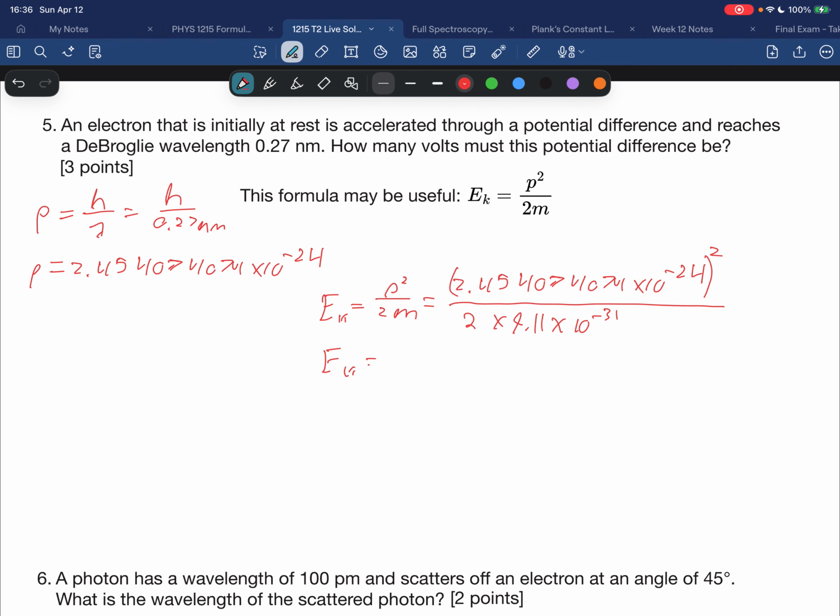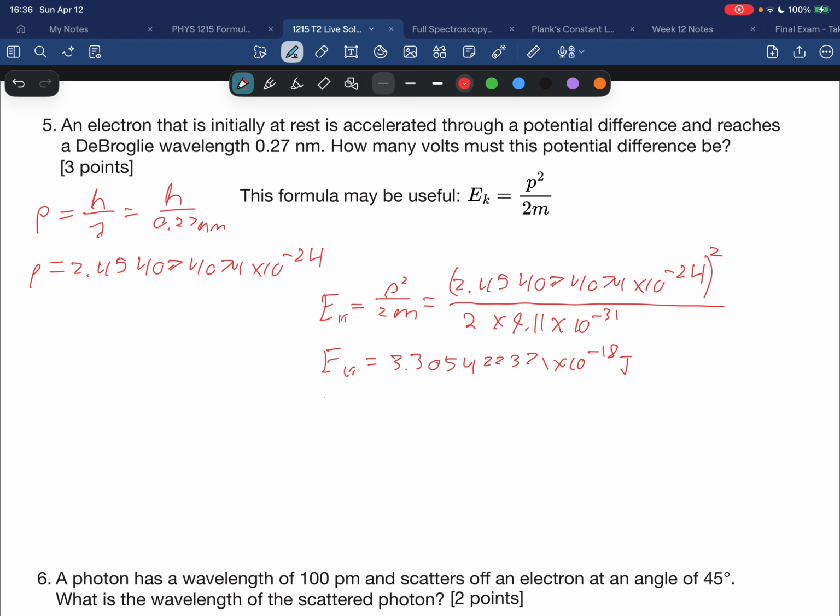So, you should get about 3.305422371 times 10 to the negative 18, and this is in joules.